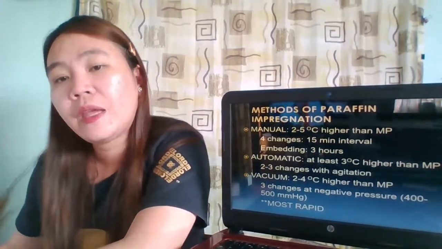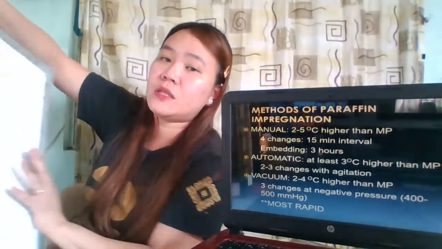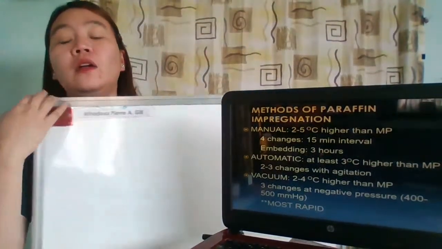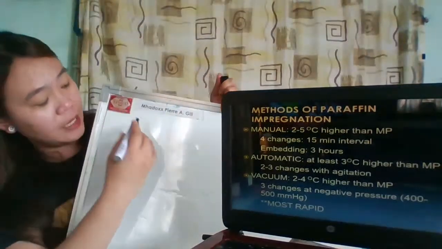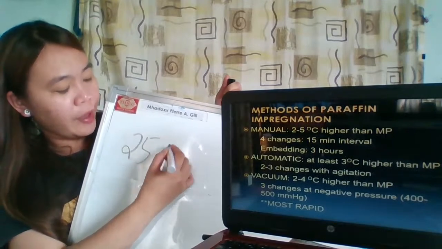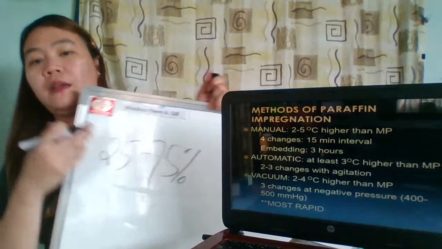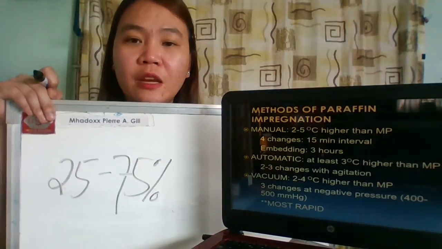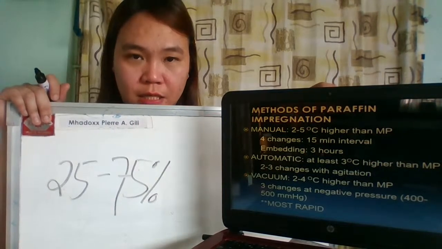So how rapid is your vacuum method? The time that is required for impregnation is reduced. So I repeat, the time that is required to perform impregnation is significantly reduced by 25 to 75%.